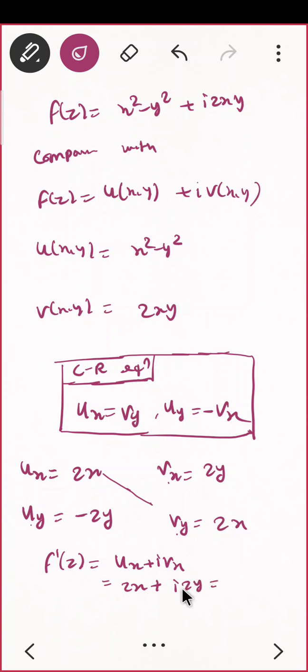So I can take 2 common, so it is 2z. It's verified. Do you agree? Okay, let us see the next one.